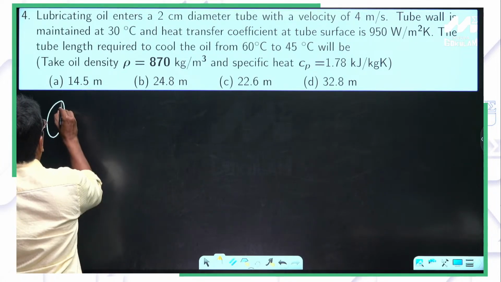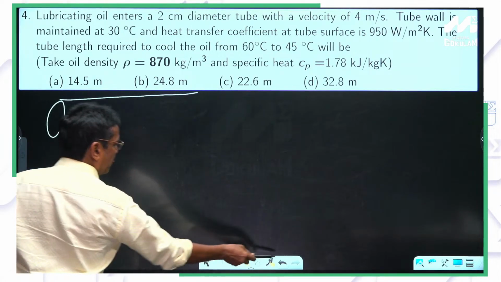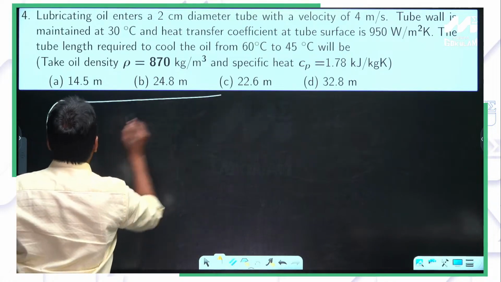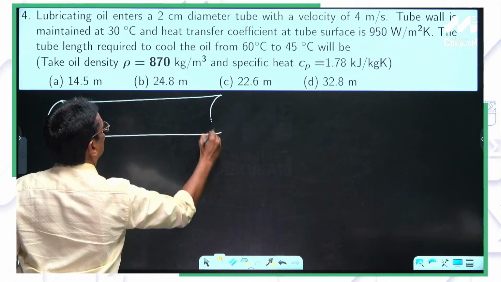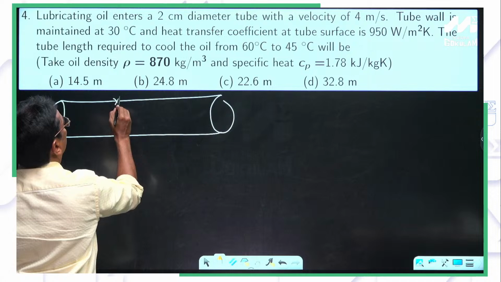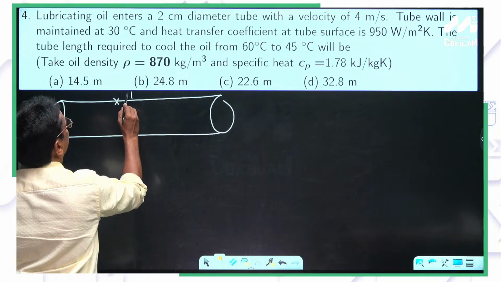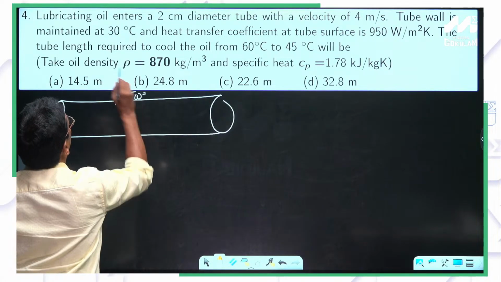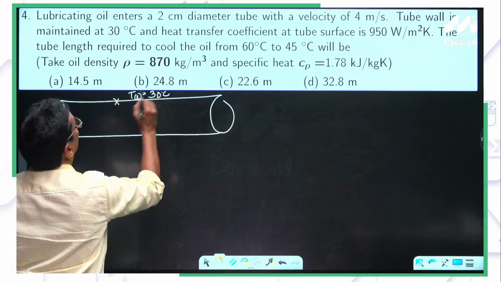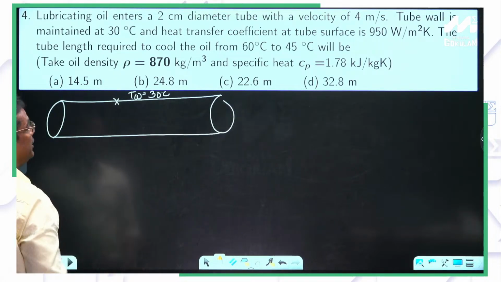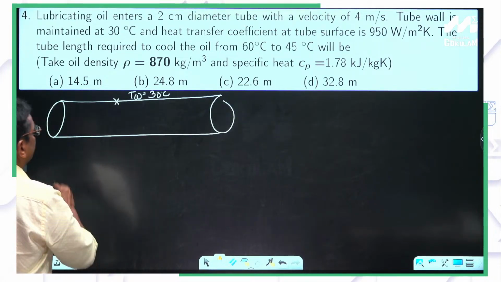First, let me put it in a pictorial manner. There is a tube which is maintained at a temperature of TW, 30. Heat transfer coefficient also has been given.